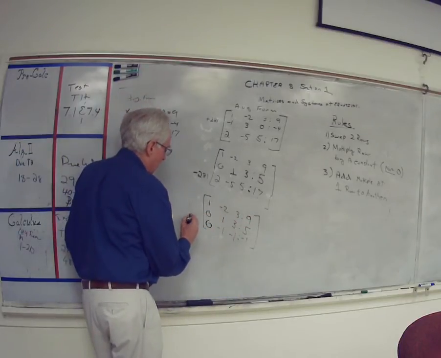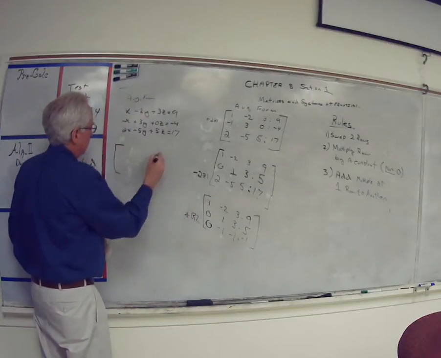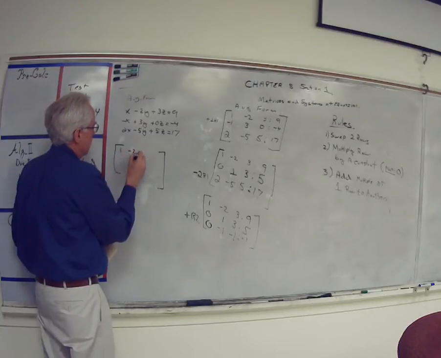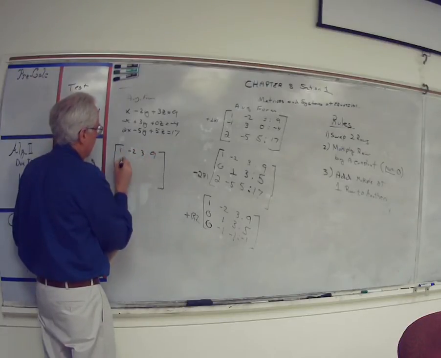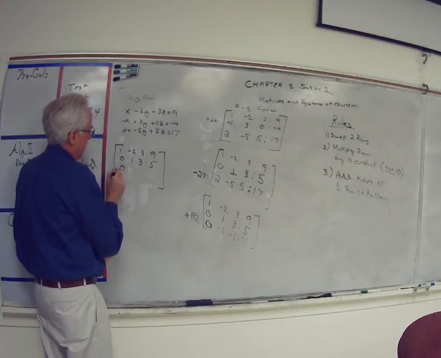So tell me what I'm going to write here. So you're going to do row 3 plus row 2. Okay, so I'm going to add row 2. So row 1 is still good. 1 minus 2, 3, and 9. 0, 1, 3, and 5. Okay, now I'm going to add row 2. So 0 plus 0 is still 0.